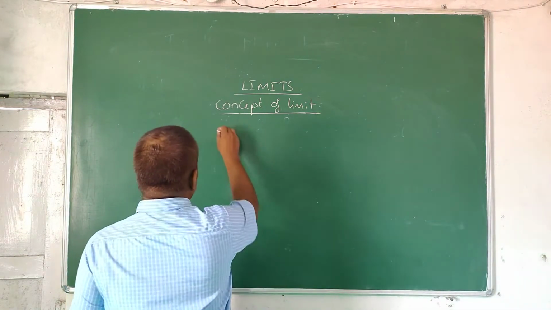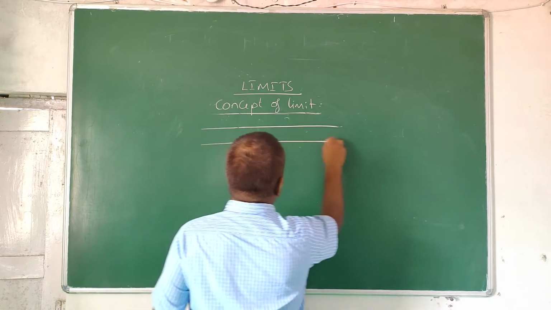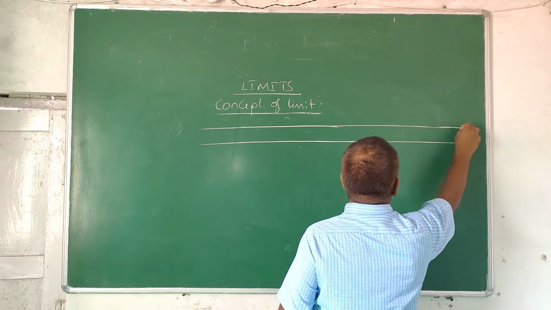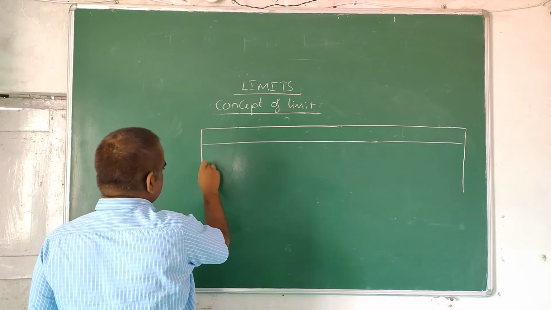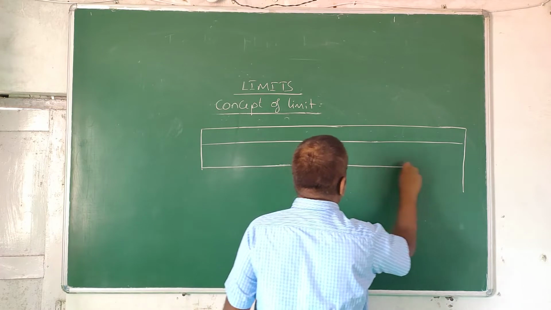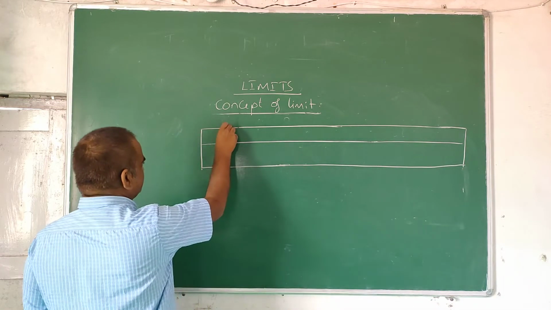This table gives various values of x approaching 2 and the various values of f of x.